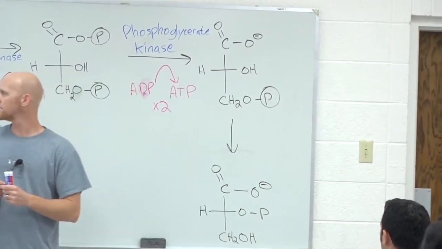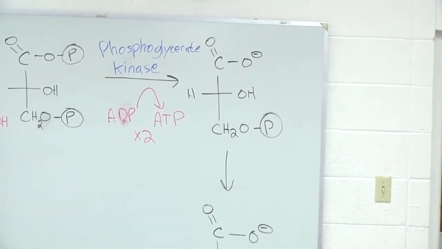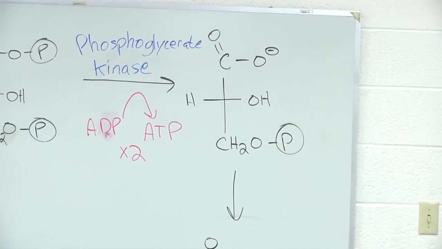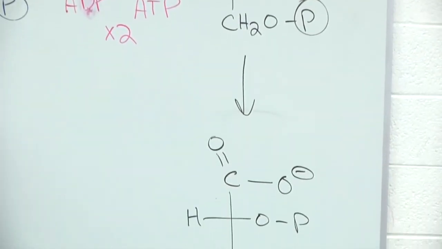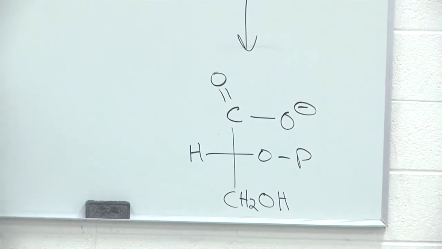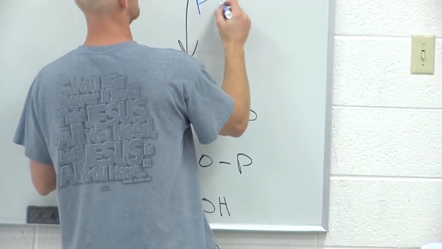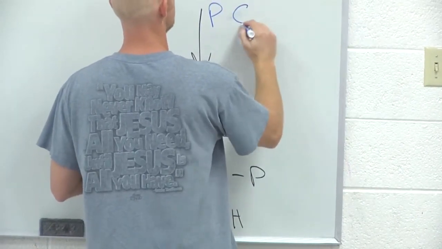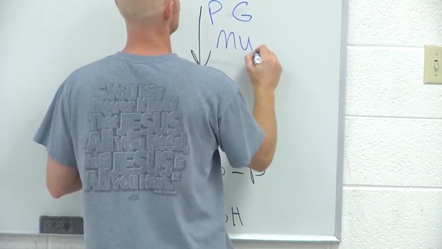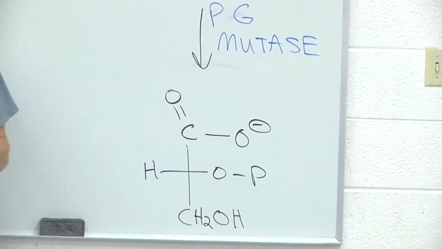And what's the name of our enzyme? Phosphoglycerate mutase. What could they also have called it that might have been a little more helpful? You might have called it isomerase. They didn't, but mutase kind of sounds similar. So our phosphoglycerate mutase.